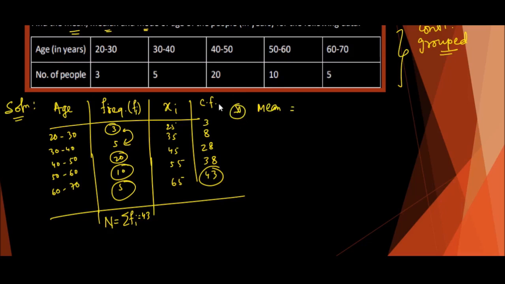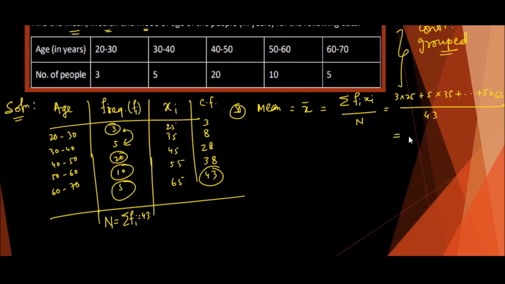Just go back to the list of formulas and you will see it goes like this: x bar is equal to the summation of f_i x_i divided by capital N. If you multiply x_i with f_i, that is 3 into 25 plus 5 into 35, 20 into 45, and likewise up to the last step, 5 into 65, divided by the sum 43.